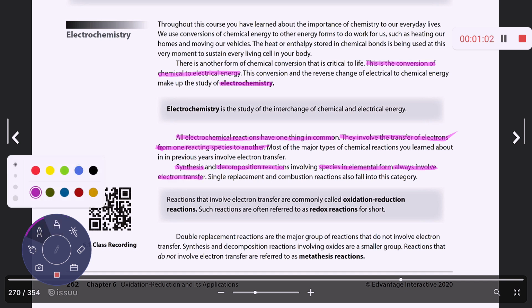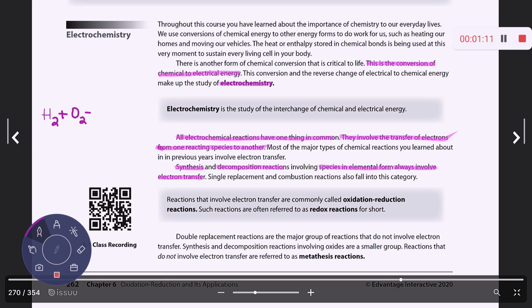Let me give you an example. If you have hydrogen combining with oxygen to make water, this is a synthesis reaction. Hydrogen and oxygen are in elemental form. They're pure. And this would automatically be an electrochemical reaction, okay?